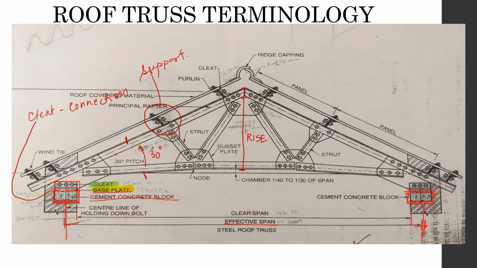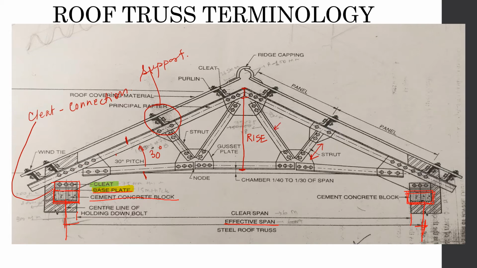Now what is a node? You have heard this before when I was explaining the introduction to you. All the points where there are connections are nodes. Now we come down to struts. Struts are members on which compressive forces are acting. So these are struts where the compressive forces are acting.